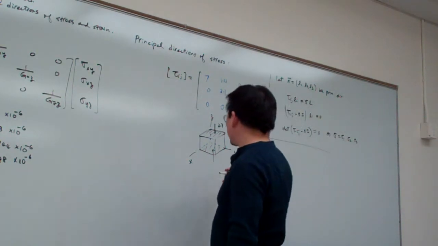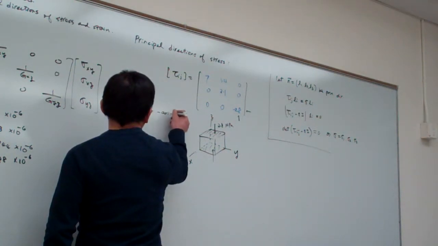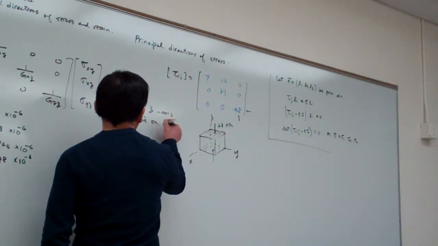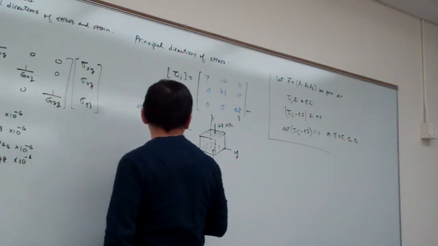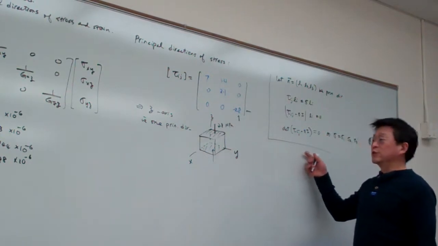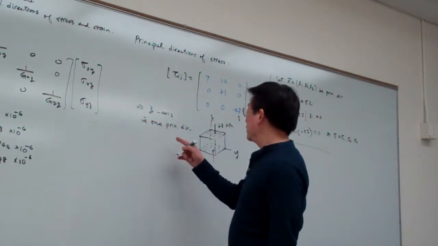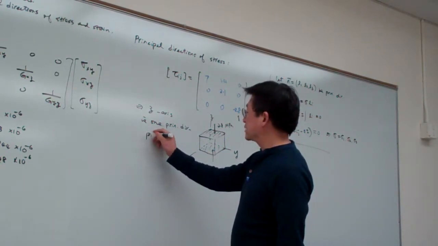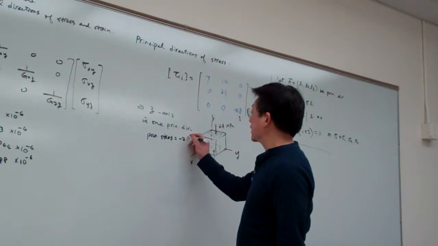By such observation, the z axis is one principal direction. Then we don't need to go through such a rigorous process, and from here we identify this one, and the principal stress sigma 1 is minus 2.8 MPa.